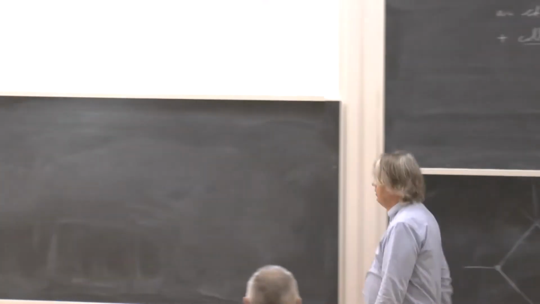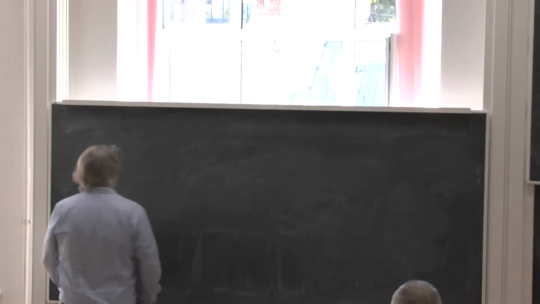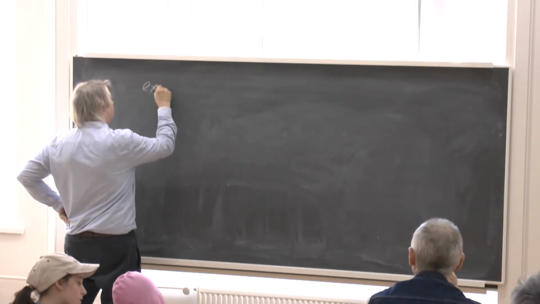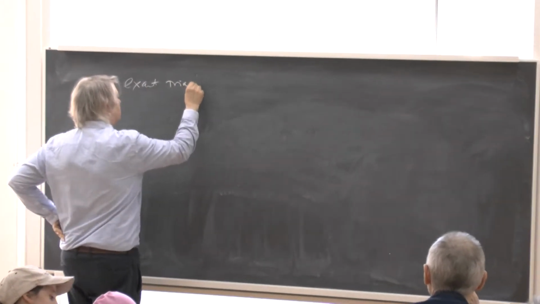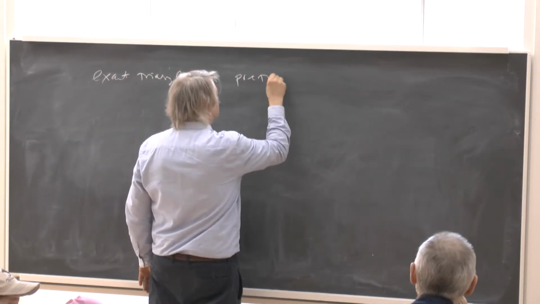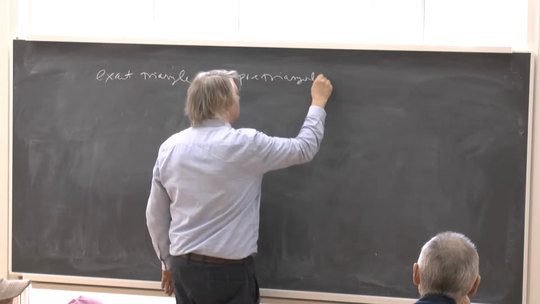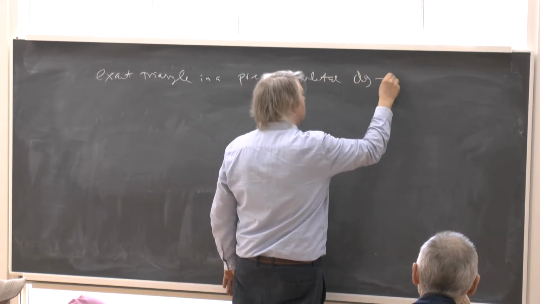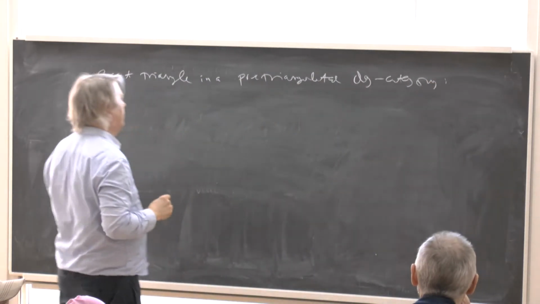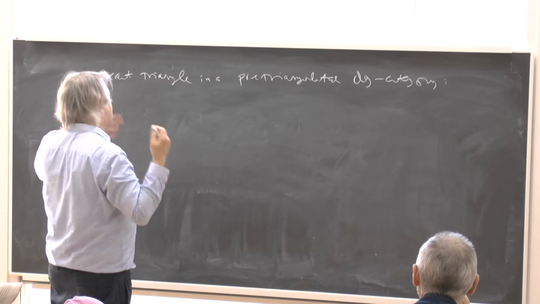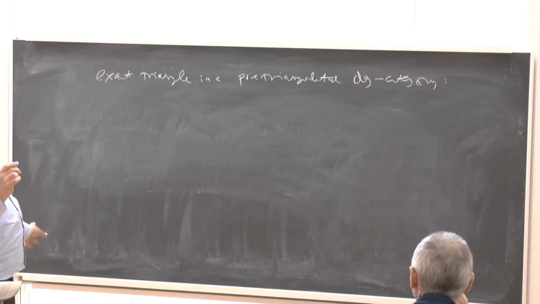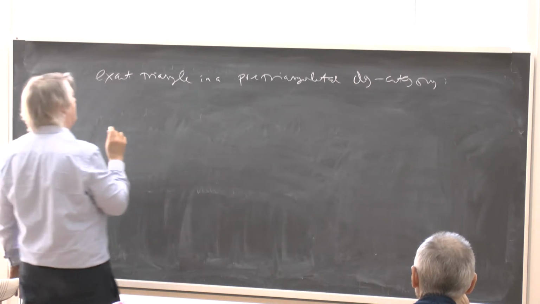Now, what should you do? What kind of algebraic conditions do you need to say? What you really need to say is what an exact triangle is in a pre-triangulated DG category. So let me give a definition here. There's going to be an A-infinity type of definition, which apparently, according to Feynman, is maybe due to Paul Seidel, possibly.